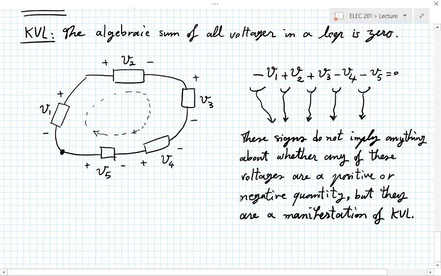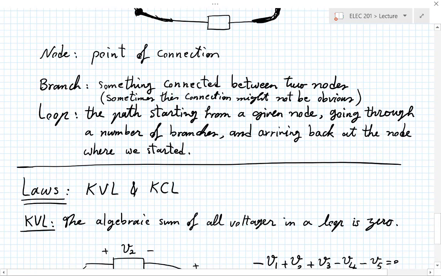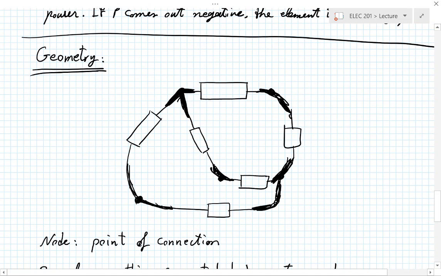Now, if you have 2 loops in the circuit, you have 2 KVLs. If you have 3 loops, you have 3 KVLs. Let's look at this circuit up here. How many loops do I have in this circuit? 3. So how many KVL equations do I have? 3 KVL equations. Is there a relationship between these KVL equations? One of them is redundant.